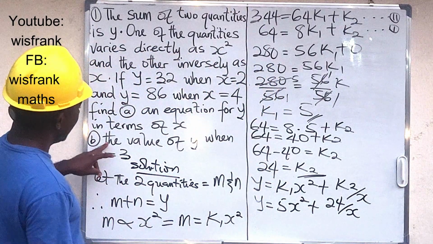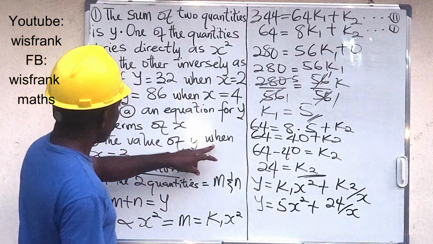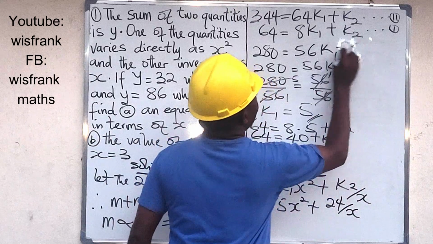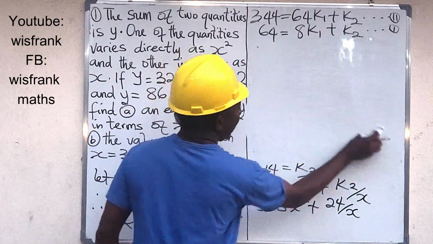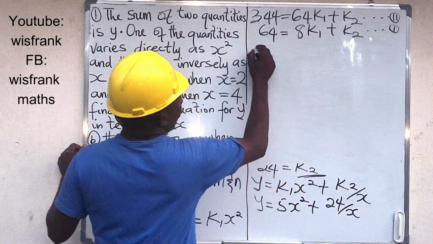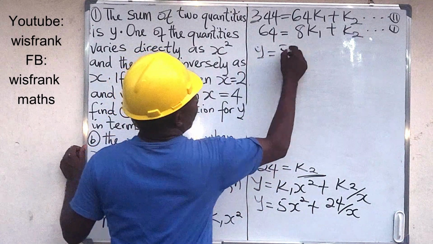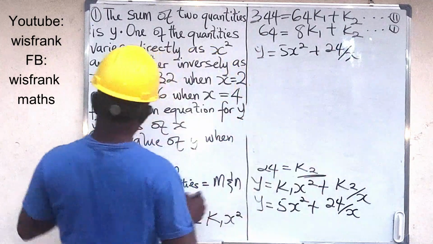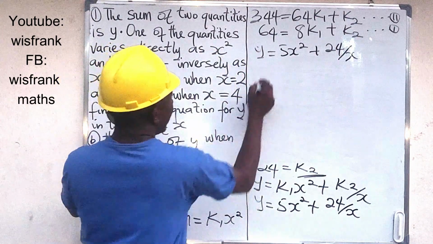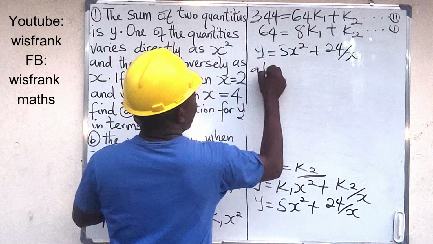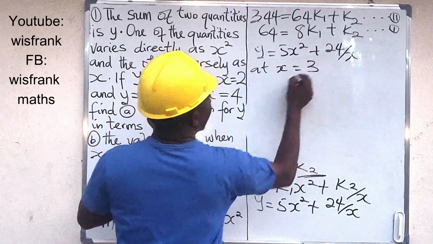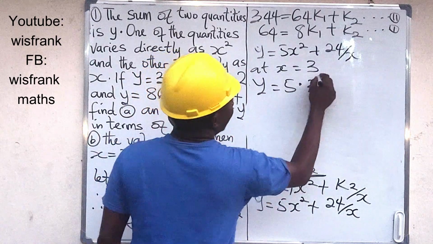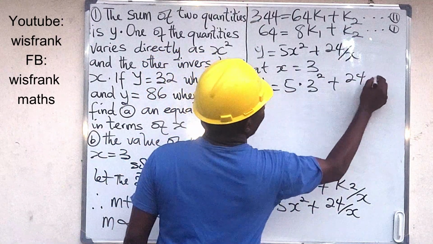Part B says find the value of y when x equals 3. So from this equation, where we have y equals 5x squared plus 24 all over x, at x equals 3, we have y equals 5 times 3 raised to the power of 2 plus 24 all over 3.